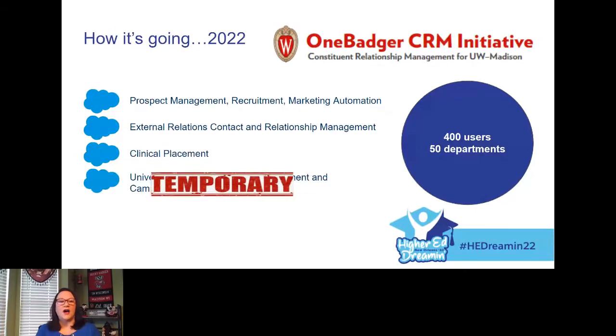That won't be an ongoing enterprise OneBadger CRM solution, but it really has taken up the enterprise team's time over the last 18 months. So it's certainly worth mentioning. But we're going strong so far. We've got over 400 users across 50 departments. So we are really, really pleased with the progress that we've made.